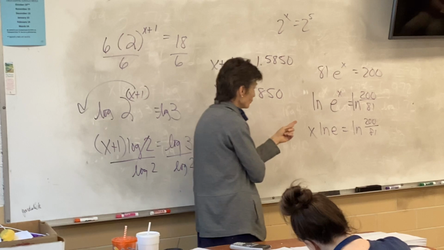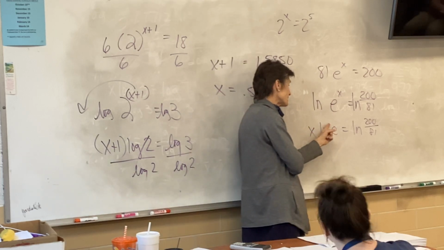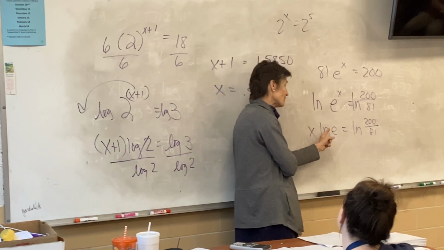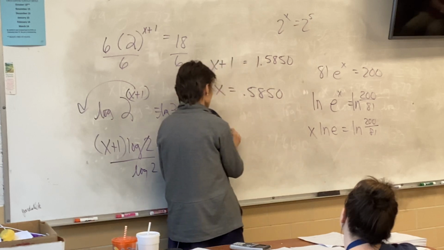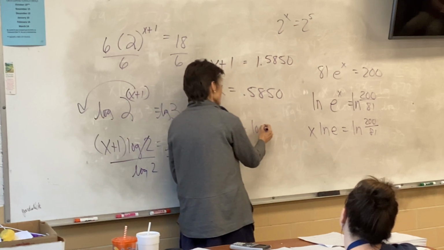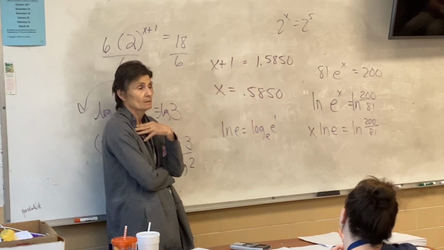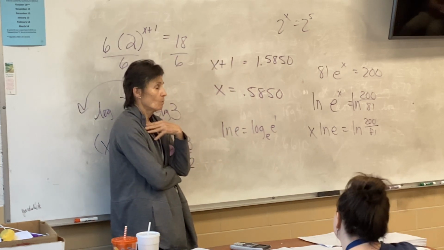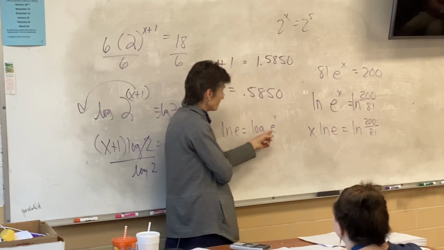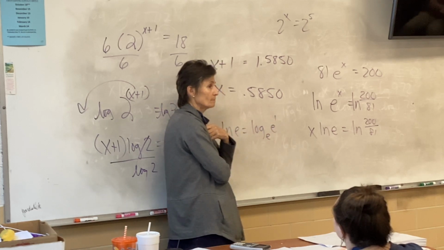Now I want you to look at this right here. Can anybody tell me anything about this? This ln is log base e of e to the first power. What does log base e of e to the first power equal? 1.